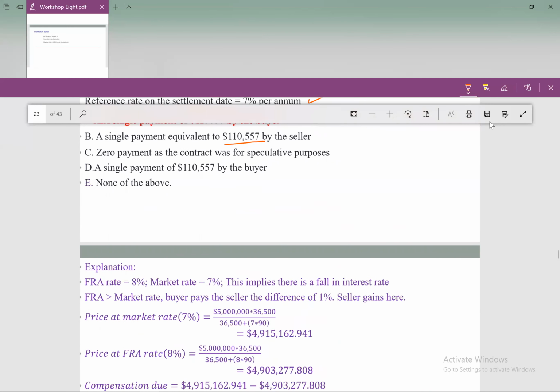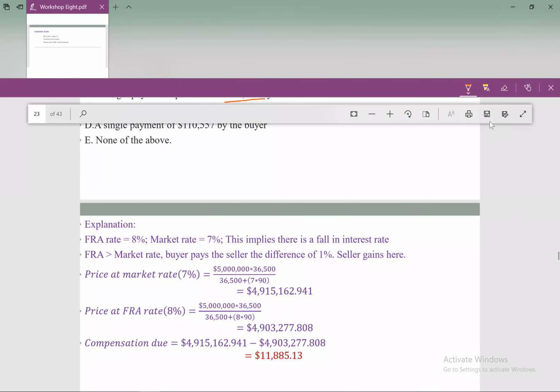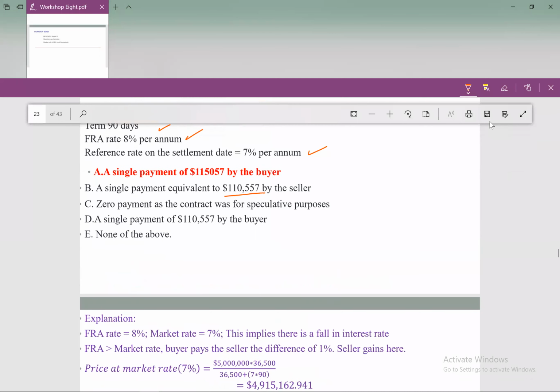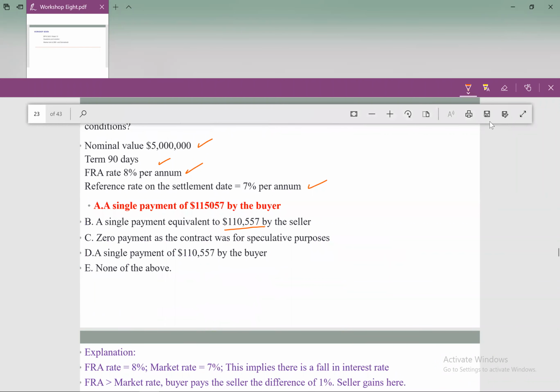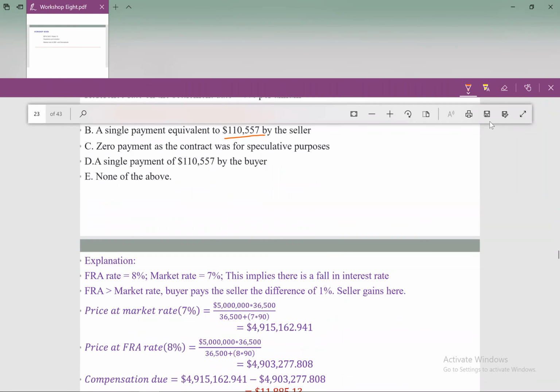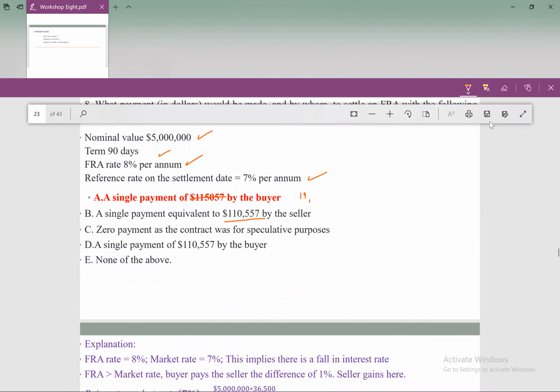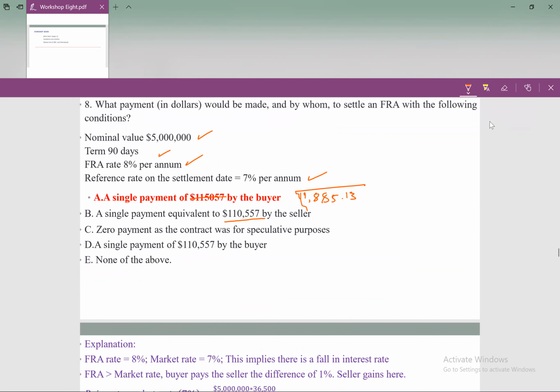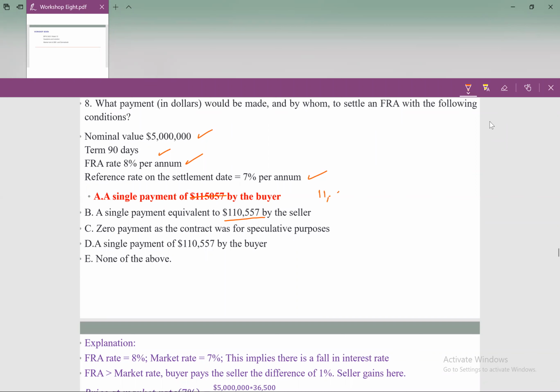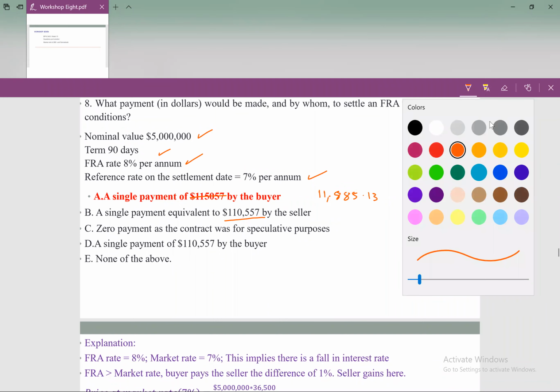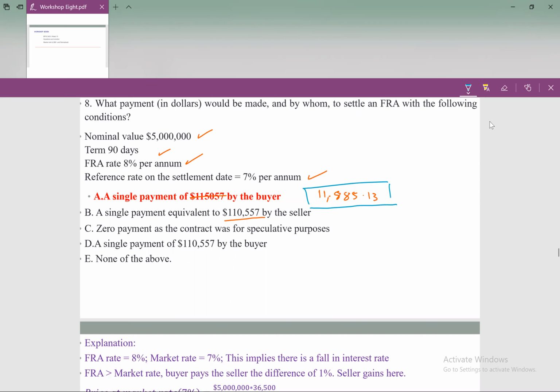A single payment of 11,885.13. This is the right answer. And this is the calculation.